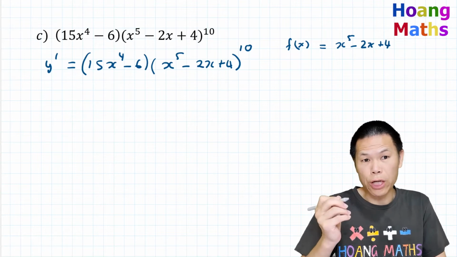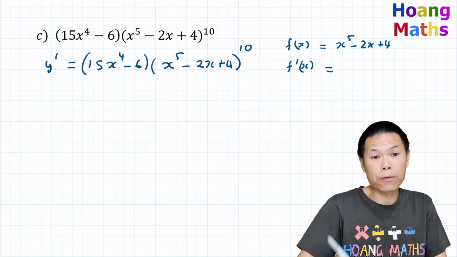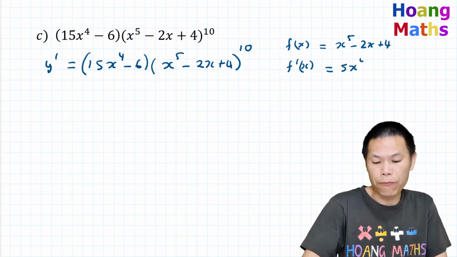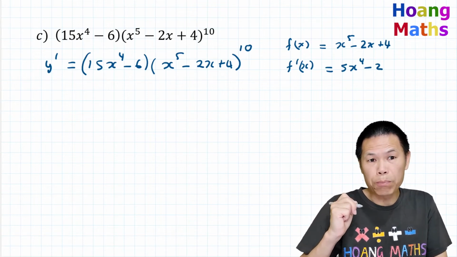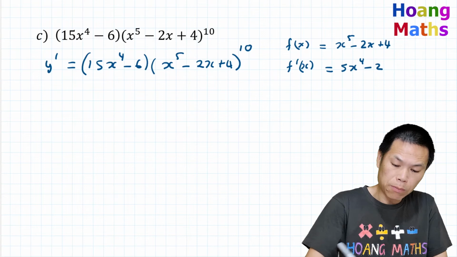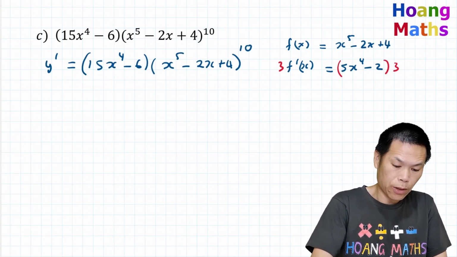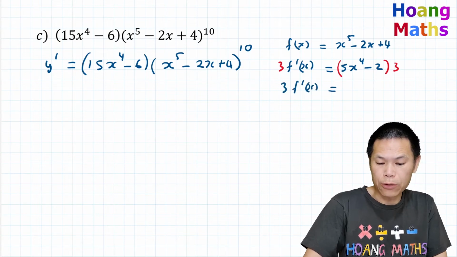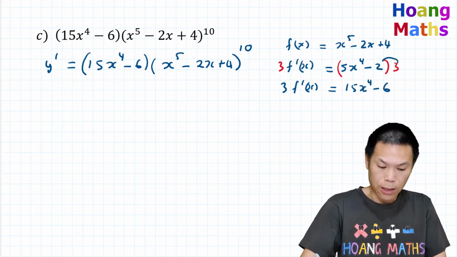So if I differentiate this, f'(x), the 5 we bring down, become 4. So 5x^4 minus 2. So if you think about it, if I times 3 on both sides, so I times this by 3, and of course, we times this by 3. So that is 3f'(x) is equal to 3 times 5 is 15, x^4, and 3 times 2 is 6. So there you go.